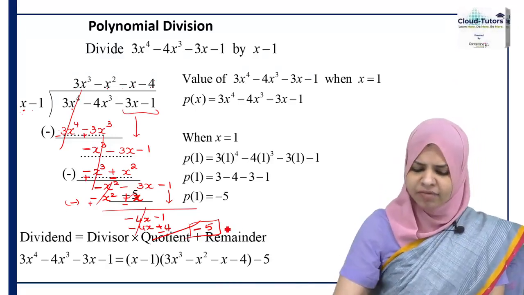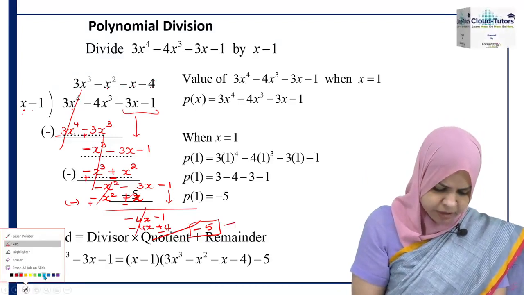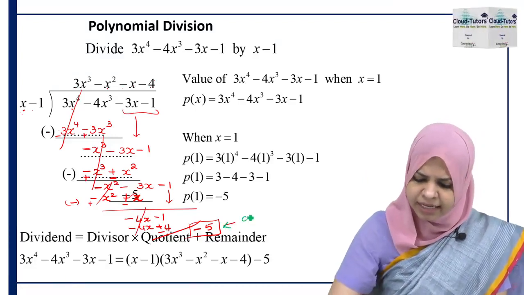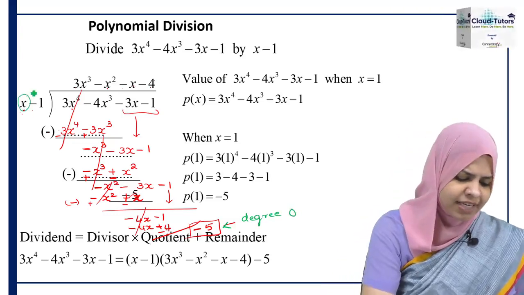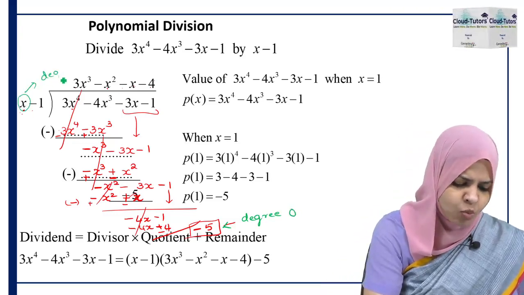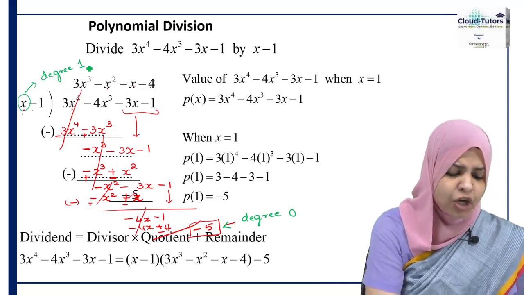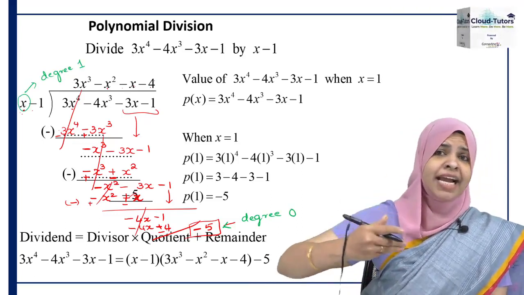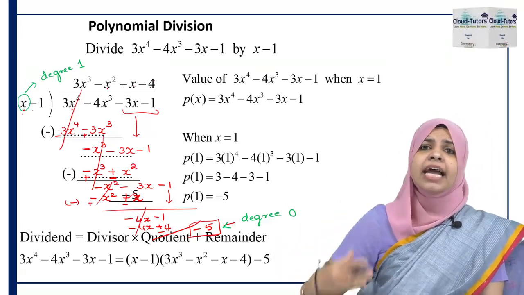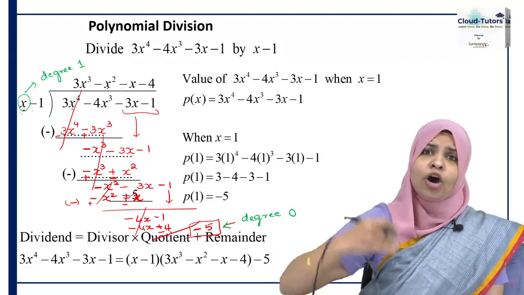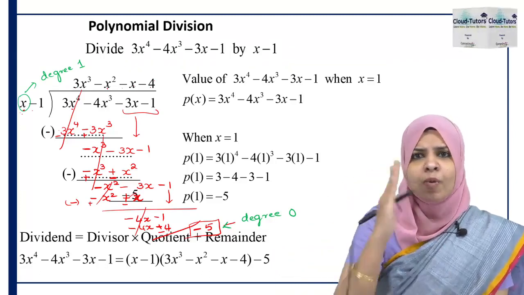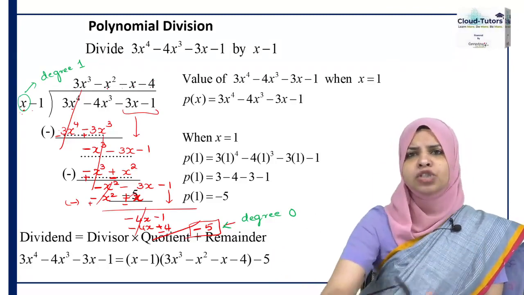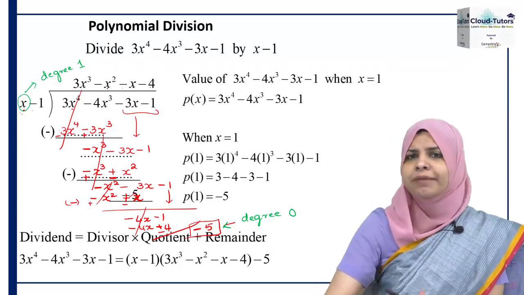What is the degree of this remainder? The degree of this remainder is 0, correct? And what is the degree of the divisor? Degree is 1. So you have to keep dividing till the degree of your remainder is lesser than your divisor. Once it is lesser, you stop the division. That is your remainder. Okay?